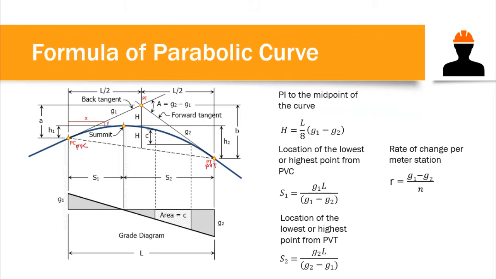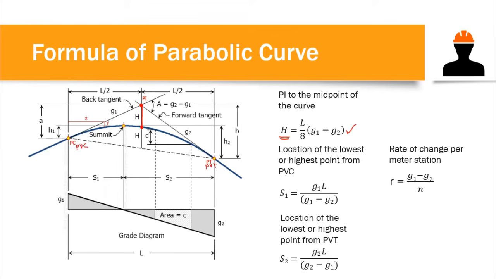Now, to compute for the elements of the curve, we have these formulas. h here is the distance from PI to the midpoint of our curve, and the formula is L over 8 times (G1 minus G2).